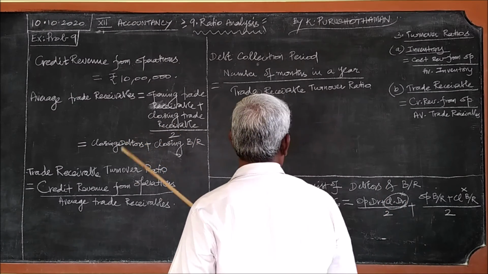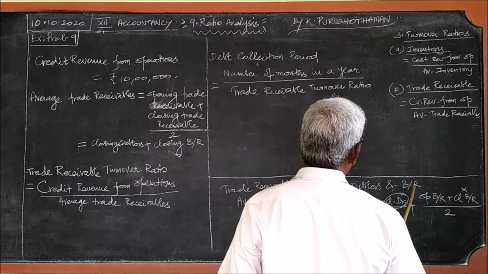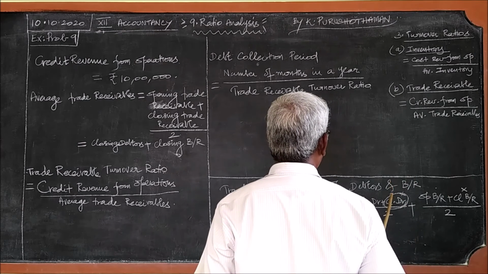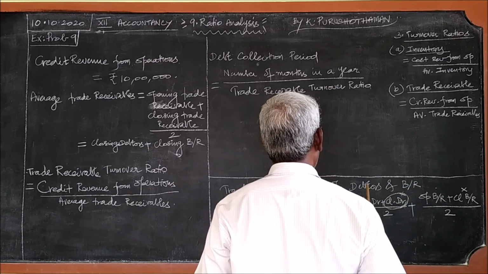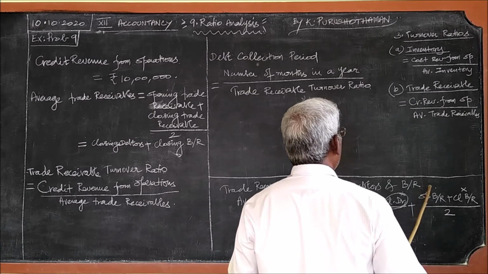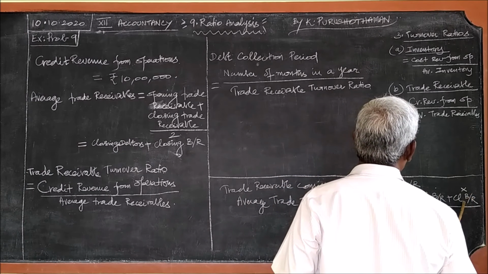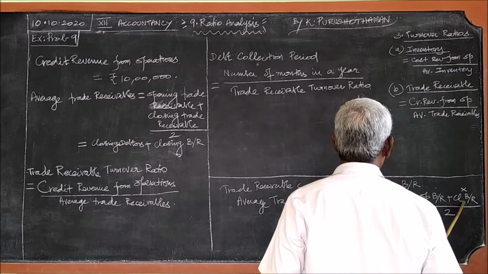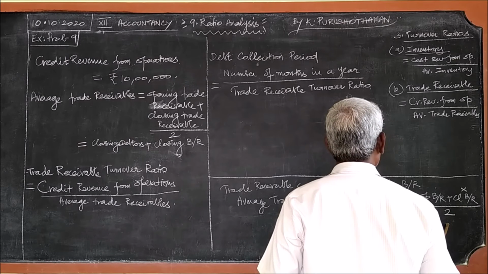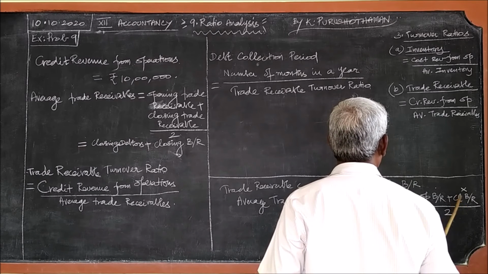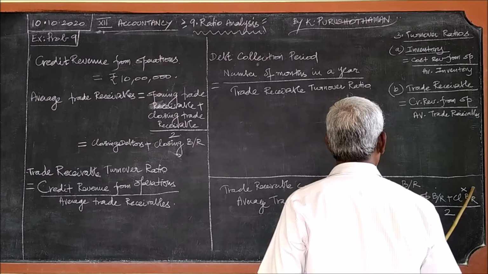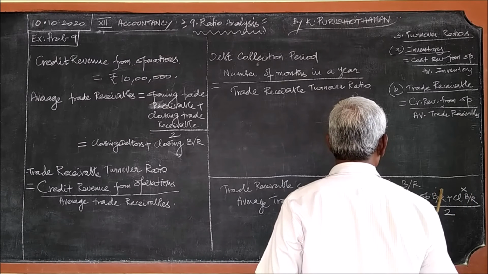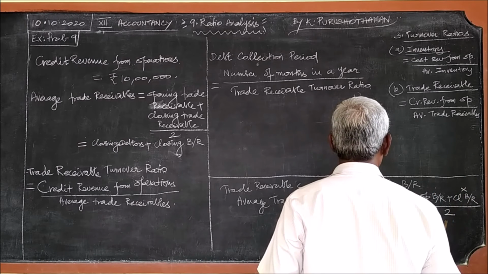Then regarding the bills receivable, to find the average bills receivable, what must we do? We should add the opening bills receivable with the closing bills receivable and divide it by 2. But in this problem, only the bills receivable at the end is given, not the opening. Therefore, we need not divide it by 2.